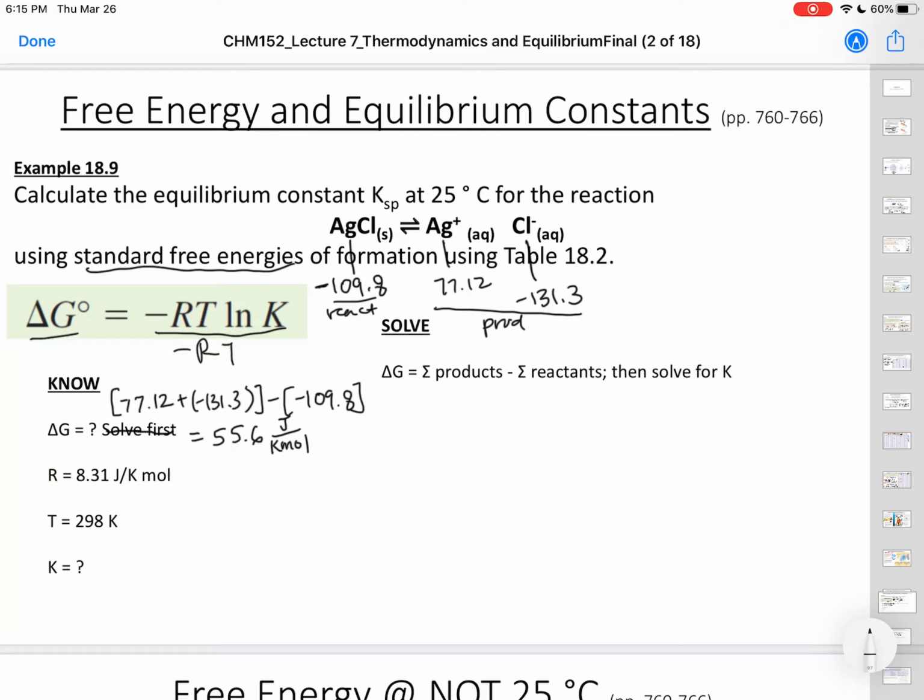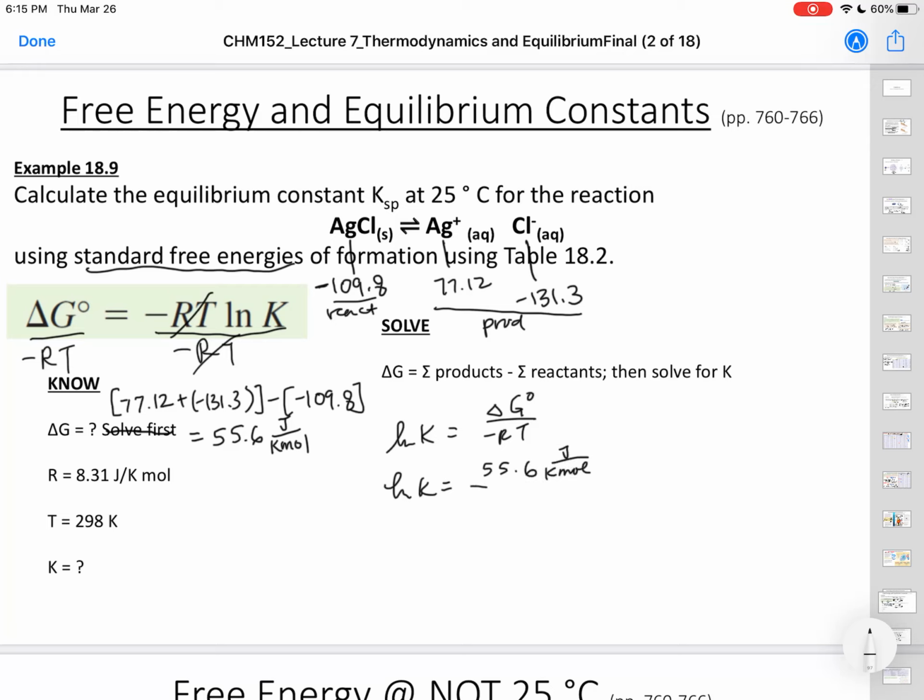So then we need to solve for K. Let's rearrange it again. So minus RT, this cancels out, so ln of K is equal to delta G over minus RT.